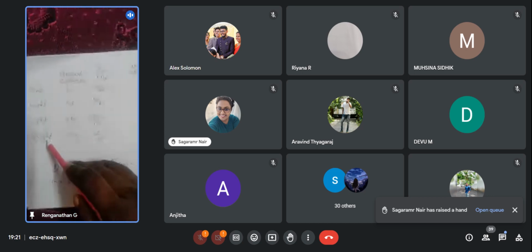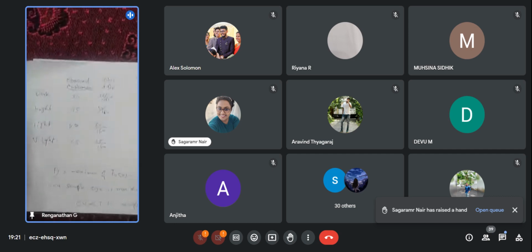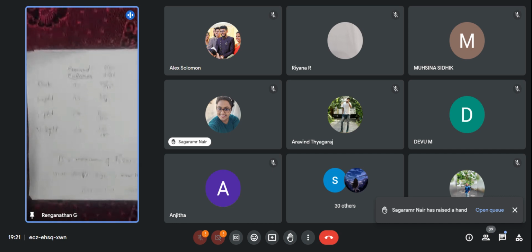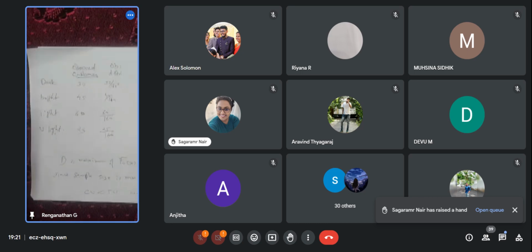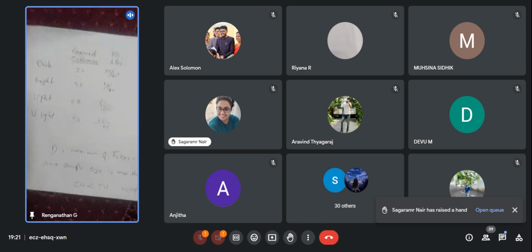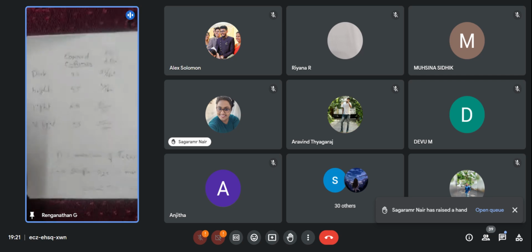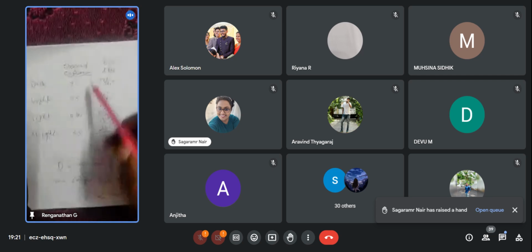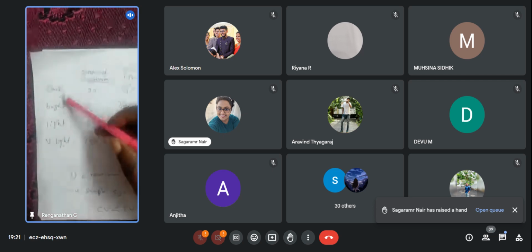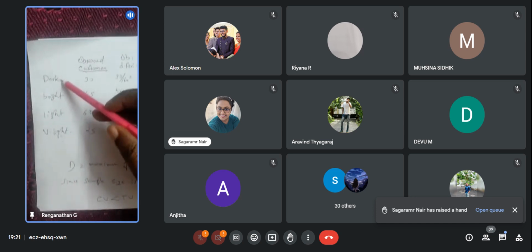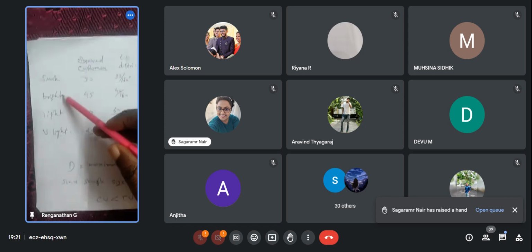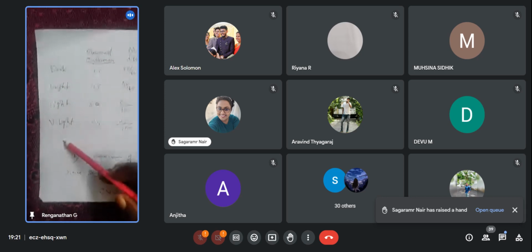Look at the screen, everybody, and you can see the columns here. If you find any difficulty in seeing this, then just tell me.